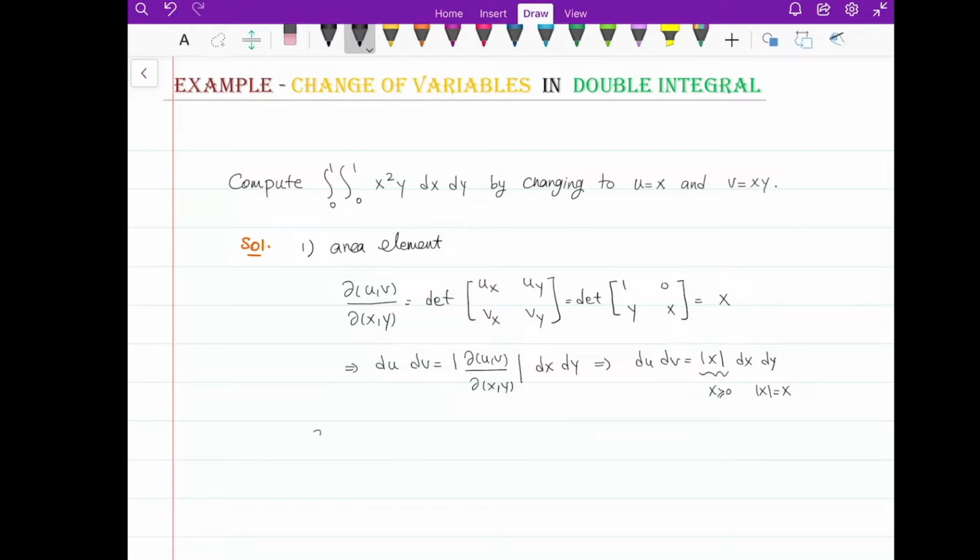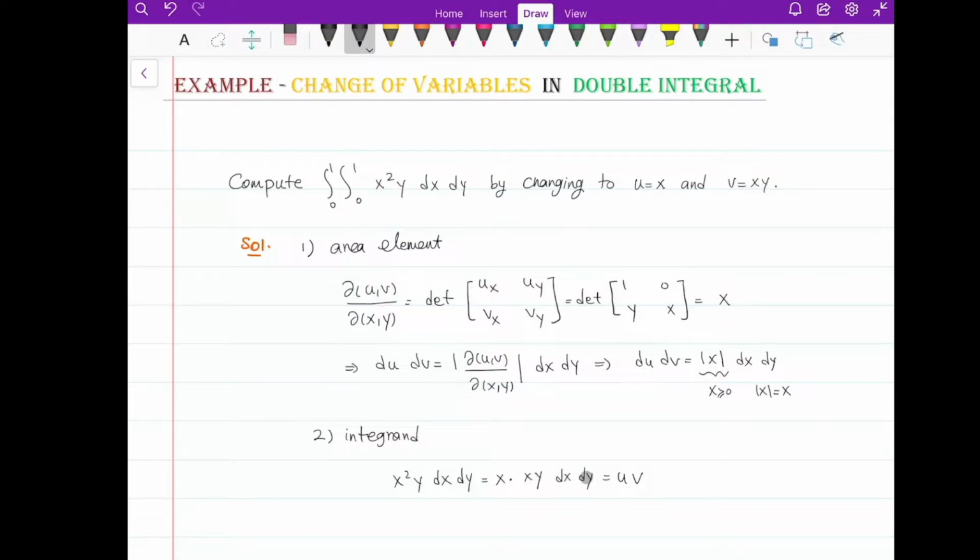Okay, so what happens to the integrand? The integrand is x squared y dx dy. I can write this as x times xy dx dy. So x is u, xy is v, and then dx dy. If you remember from the previous video, the Jacobian of u and v with respect to x and y and the Jacobian of x and y with respect to u and v are inverses of each other.